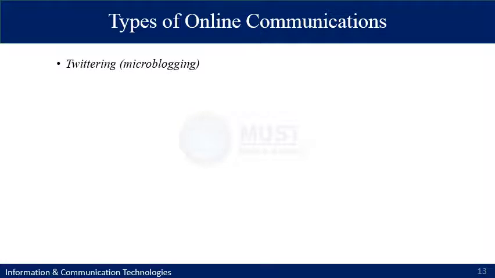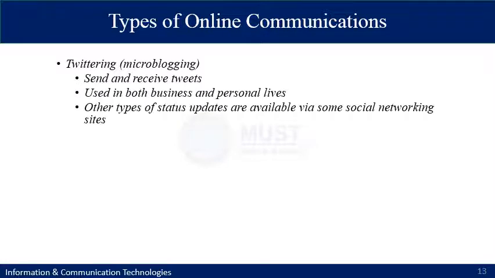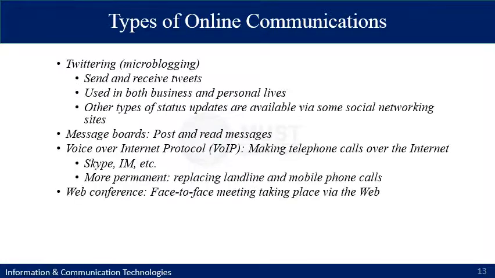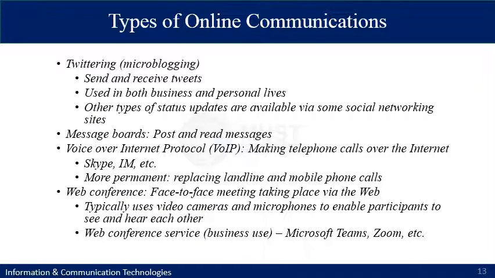So there are several types of online communication, and one of the most widely used for individuals is the micro blogging or twittering, which helps the users to send and receive tweets or short messages on social networks. It is used for both businesses and personal lives. As you can see, it is quite prevalent for companies and individuals.